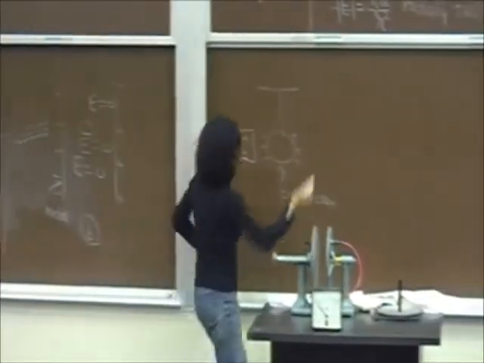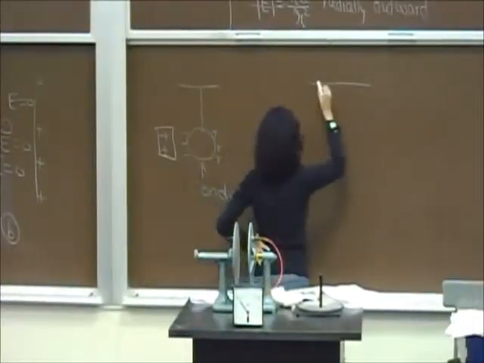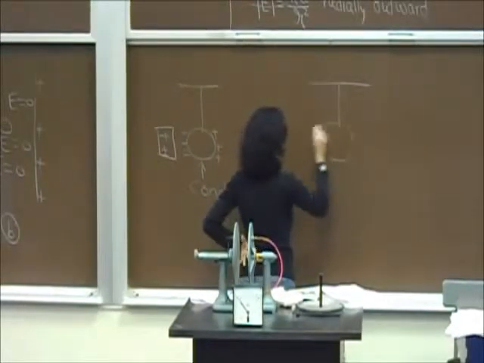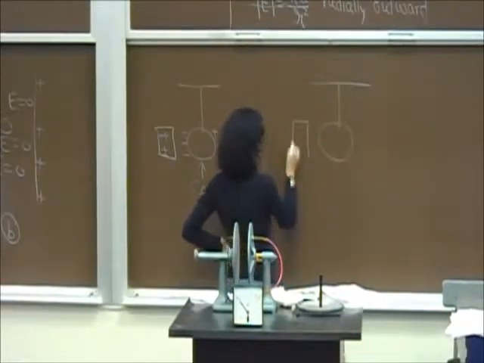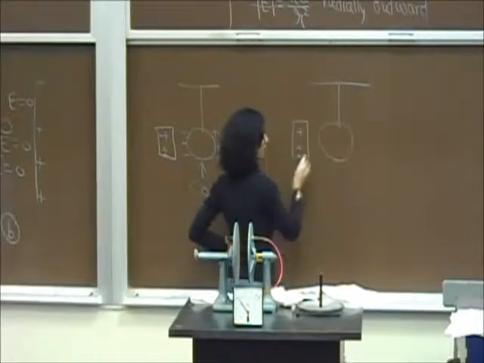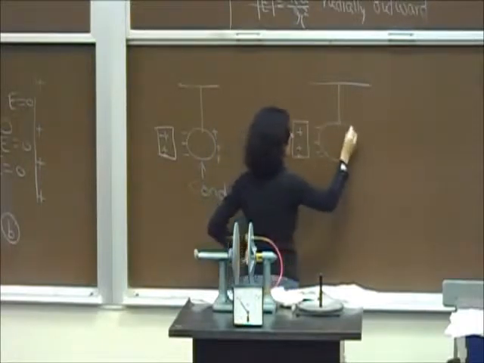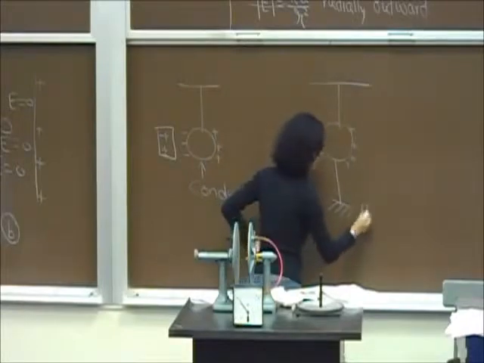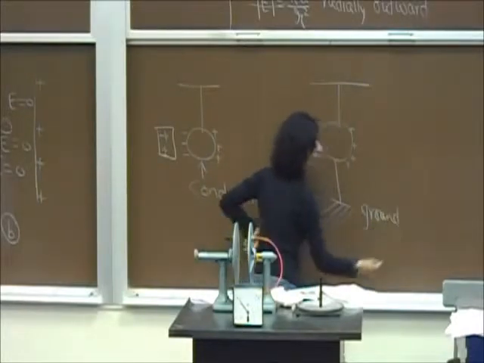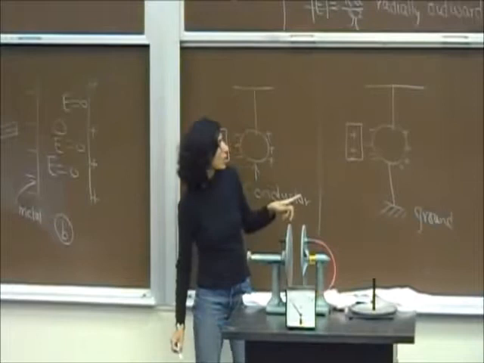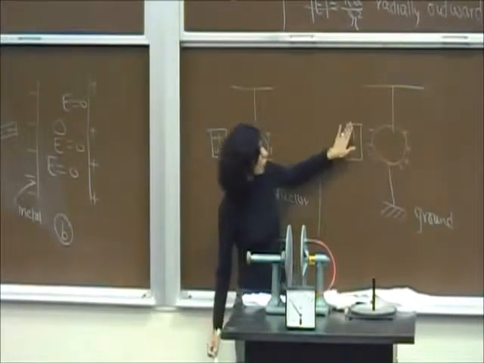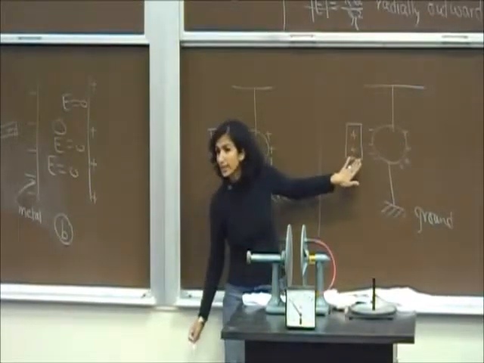Now suppose I do another case where I actually ground it. So you have this thing that you bring close to it. This is negative, this is positive. Now if you ground it, what do you think will happen? Do you see that these positive charges don't want to be close to these positives, right?